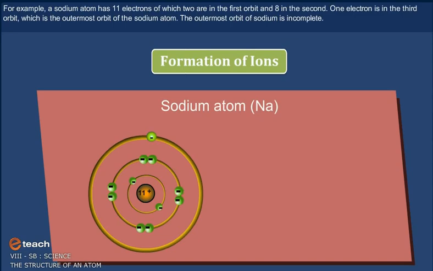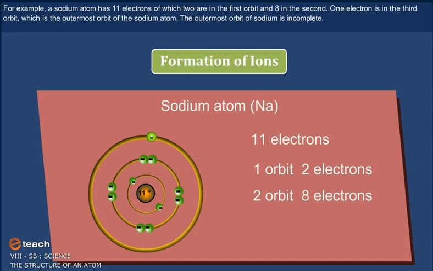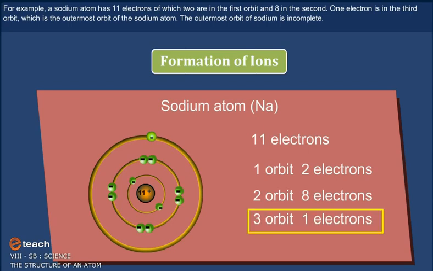For example, a sodium atom has 11 electrons, of which 2 are in the first orbit and 8 in the second. 1 electron is in the third orbit, which is the outermost orbit of the sodium atom. The outermost orbit of sodium is incomplete.